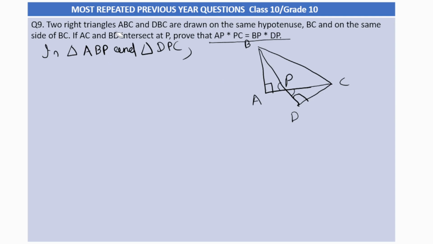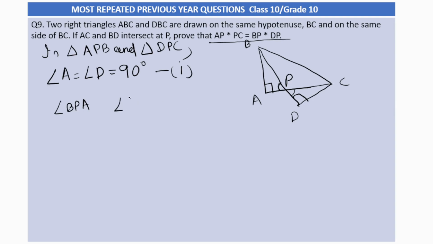Okay, I'll change the wording here. I'll make it APB. So, what is common we found out? That angle A is equal to angle D, and both the angles are equal to 90 degrees. That is one point. Second point, this angle here, angle BPA and angle CPD.